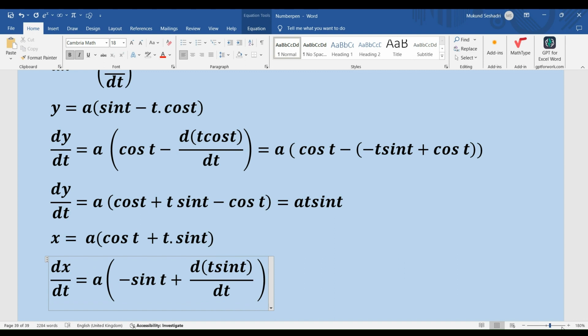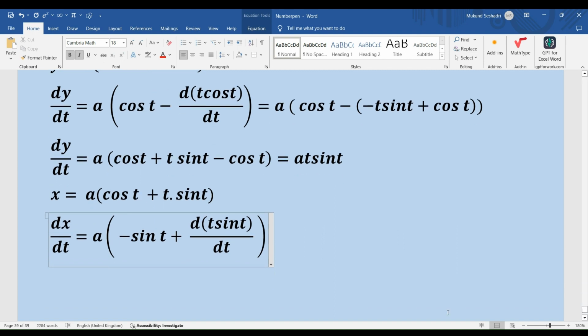So now I know what to do. My first minus sine t remains as it is. And then I have a d by dt of t sine t. So what do I do? I retain the first function as it is. I differentiate the second function with respect to t. I get a cos t.